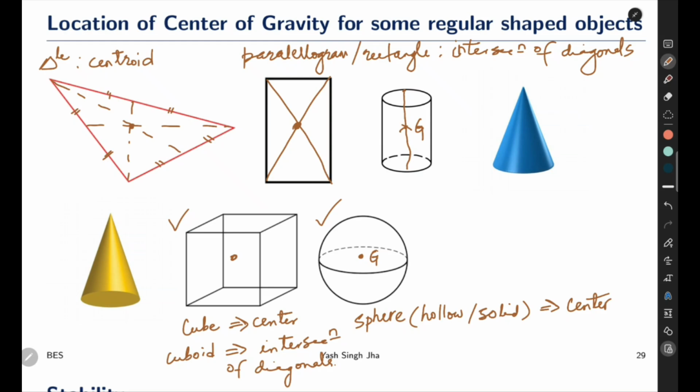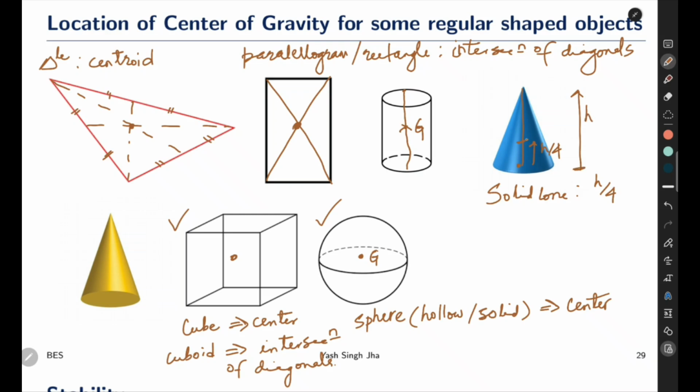For a solid cone, it is at a point h/4 from the base, along the axis. H is the height of the cone.